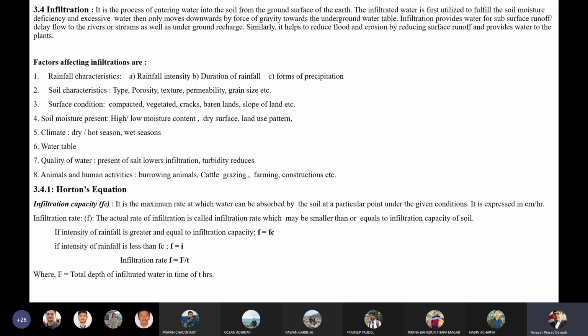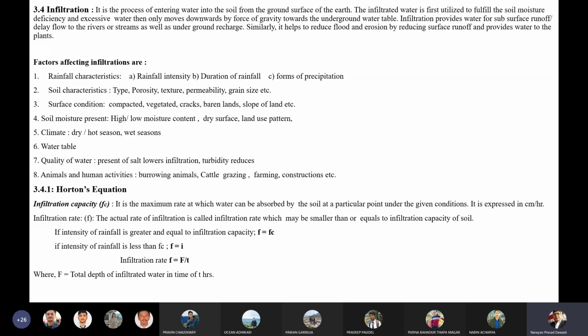Porosity of soil: the void present in the soil particles is called its porosity. For porous soil, the infiltration will be high. For non-porous soil, the infiltration will be low. And permeability means the ability to pass water through the body of the soil.